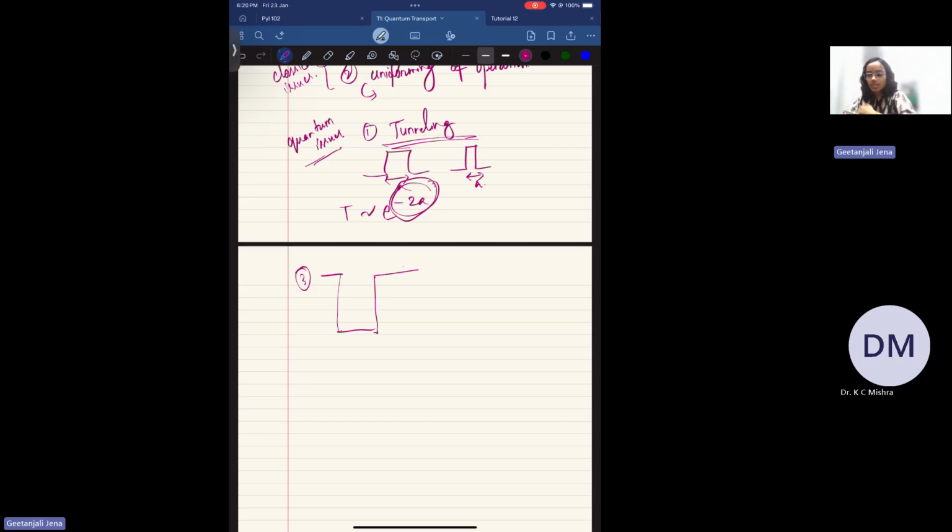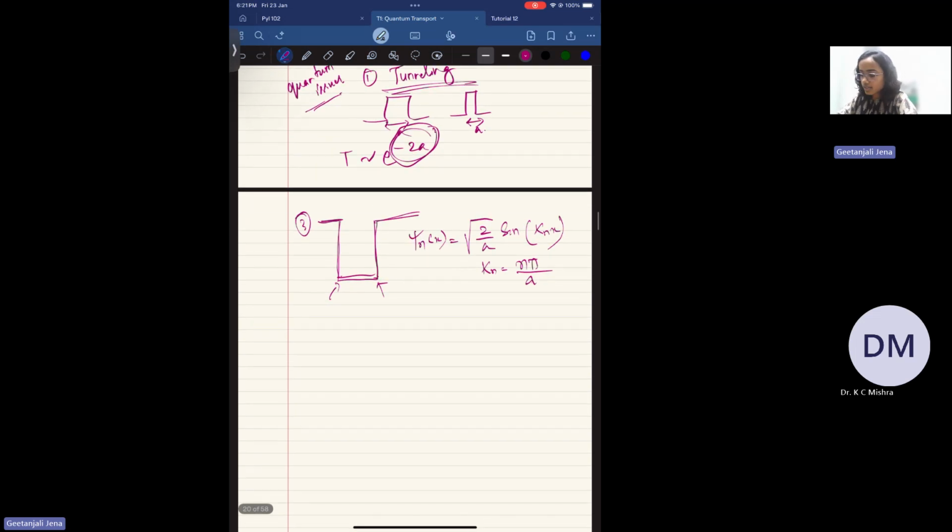If you consider that the charge carriers are confined inside this infinite potential well, then by solving the Schrodinger equation and putting in the boundary conditions at x equal to 0 and x equal to a, you can easily get the wave function. This is root 2 over a sine k_n x, where k_n is n pi by a. We are considering the 1D case.